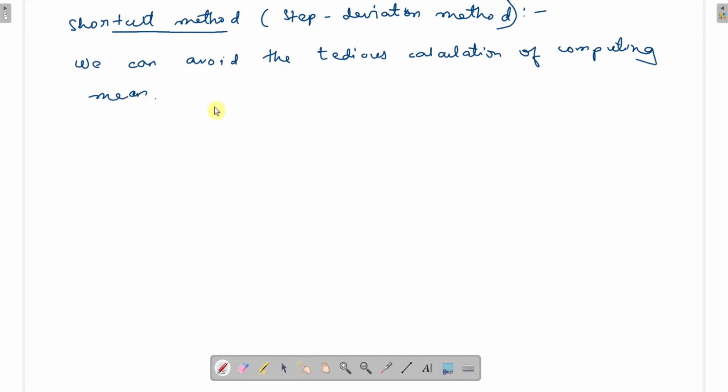So, the quantity which is required here, which is a new quantity, is di equal to xi minus a divided by h, where a is nothing but the assumed mean and h is nothing but the class width or the common factor.